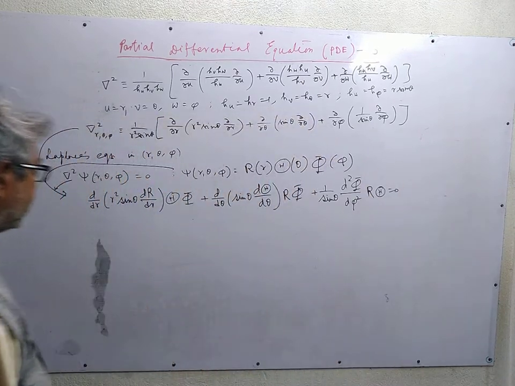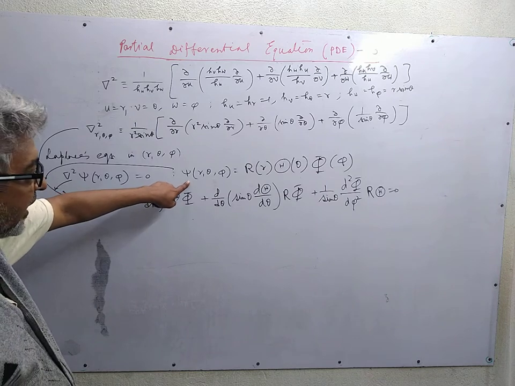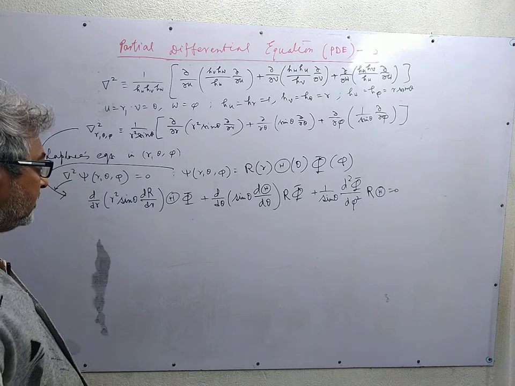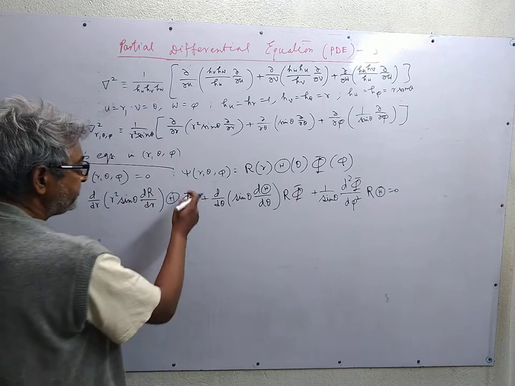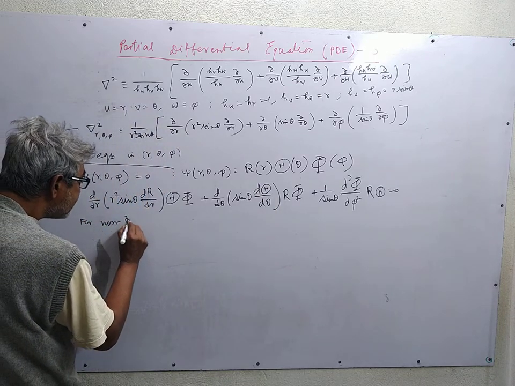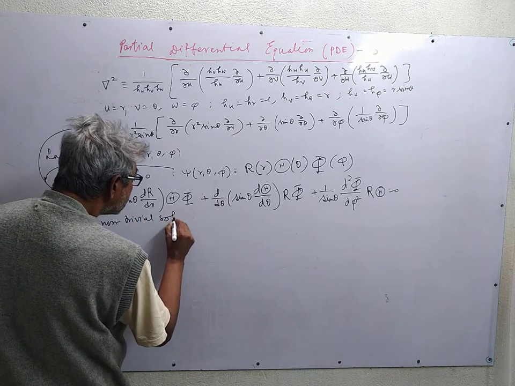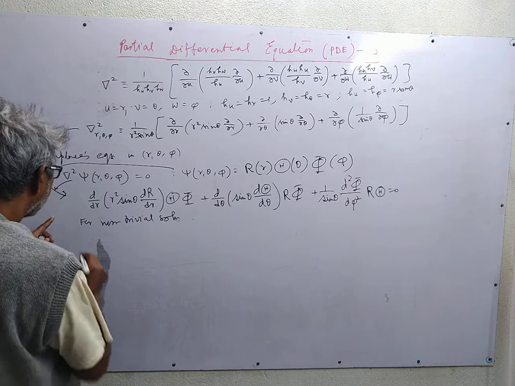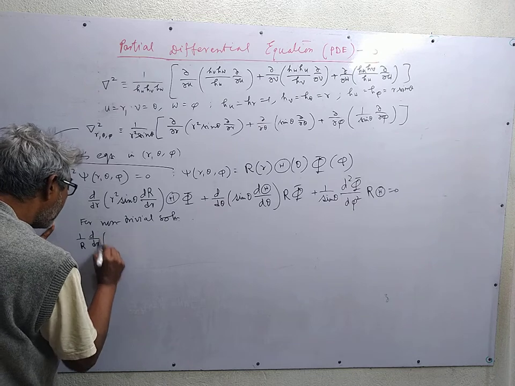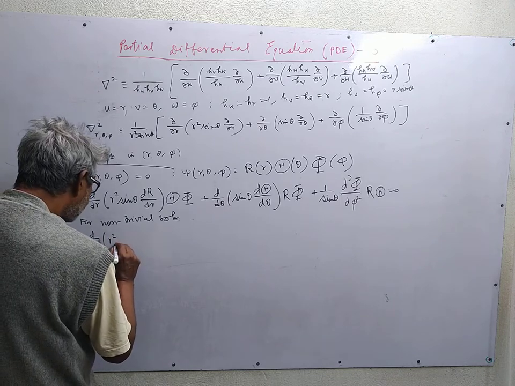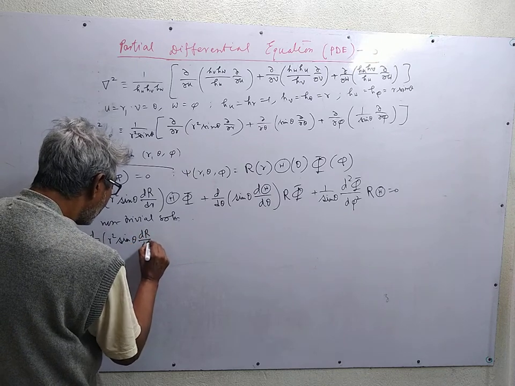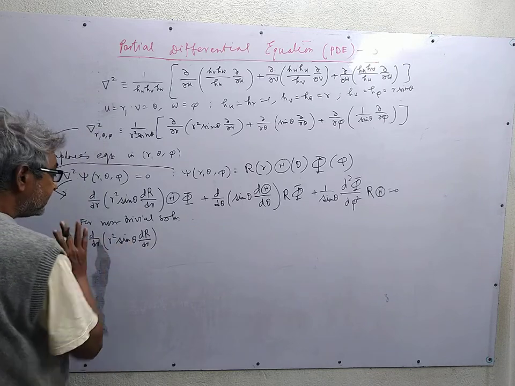Now, for a non-trivial solution, this psi is not 0 for all the values. So we divide all the sides by R Theta Phi. For a non-trivial solution, we have this part as 1 by R d by dr of r square dR by dr. We can take sin theta out.